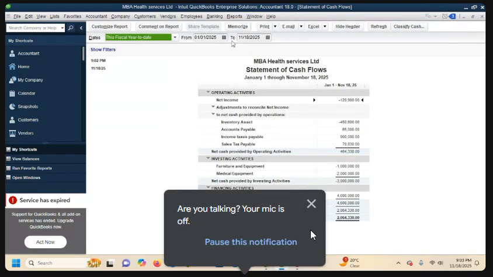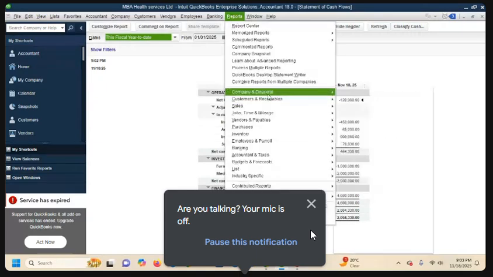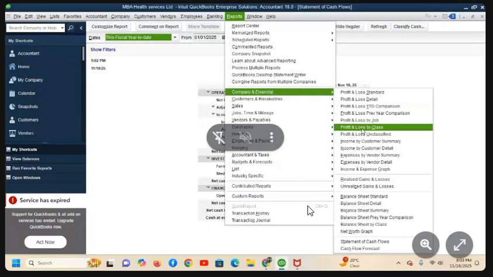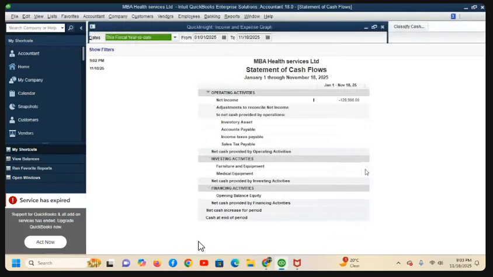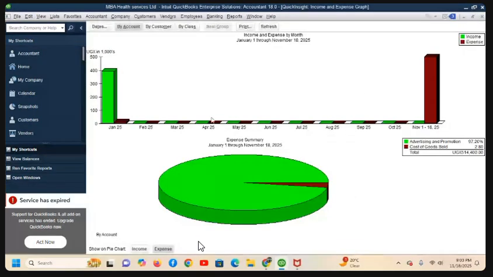It can also show you reports in the form of graphs. If I want to see the income and expenditure graph, it can generate it for me. It shows you which period we made more income and which one had the most expense. This is advertising, you see it is covering a bigger expense, and this one is cost of goods sold.